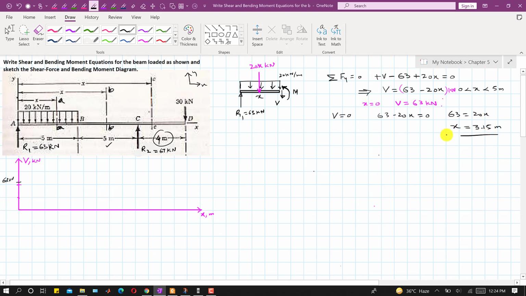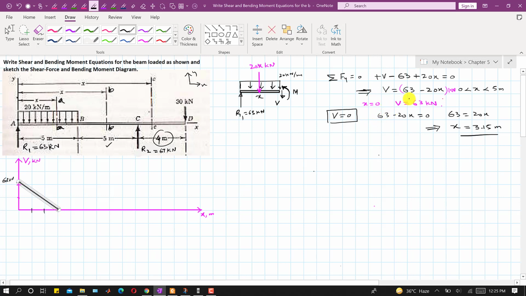So from this we can conclude that at x equal to 3.15 meters, the shear force is equal to 0, right? Let's say that this one box represents 1 meter, so 1, 2, 3, so 3.15 will be somewhere here, right? And as we can see, this shear force equation is a straight line equation, right? So we can join this 63 kilonewton force until this point, right?